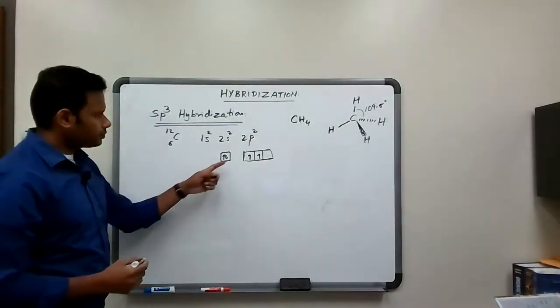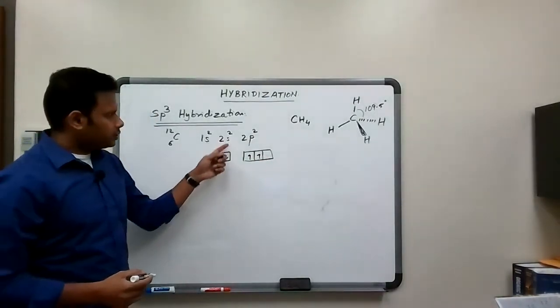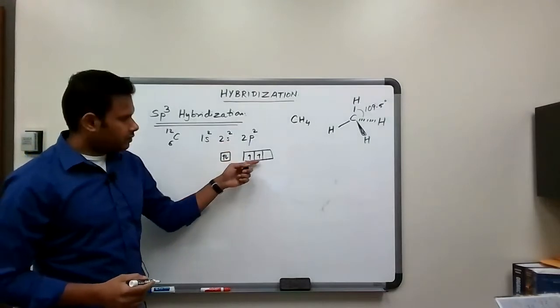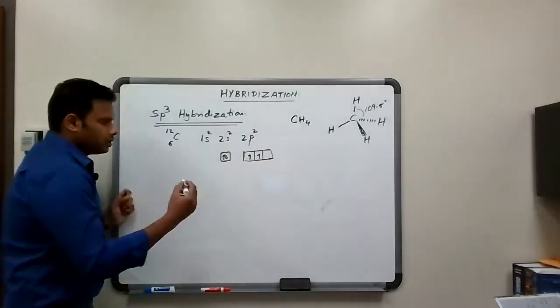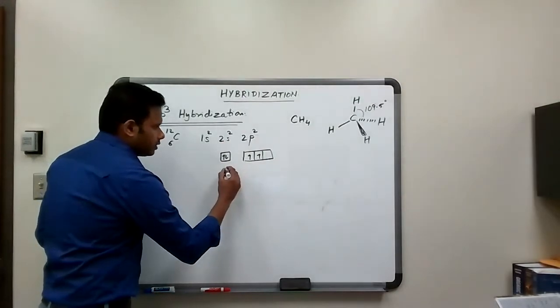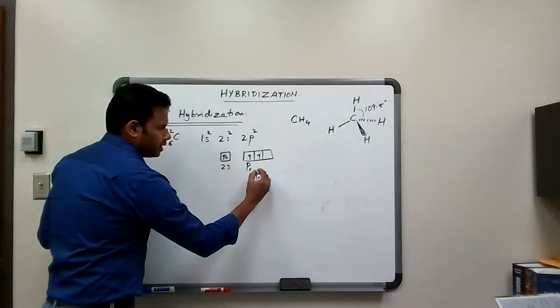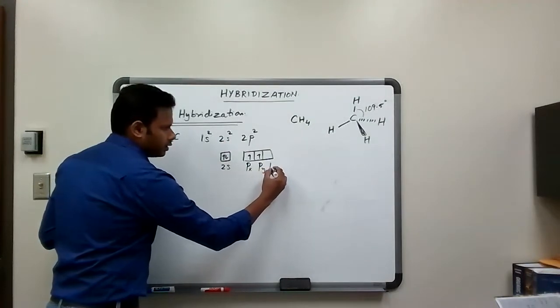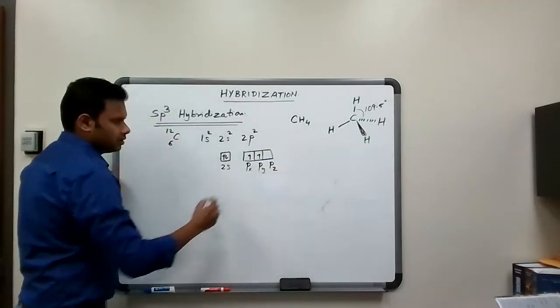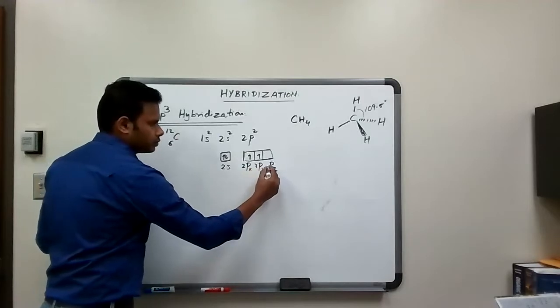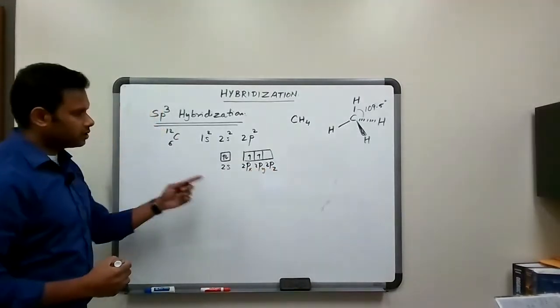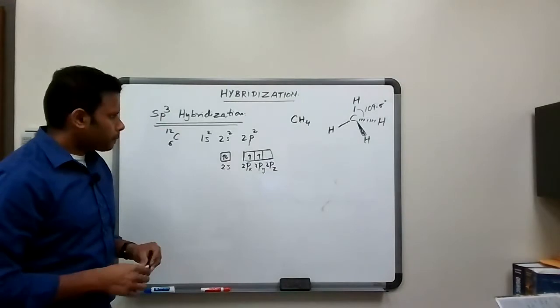We have a 2s orbital and 2p orbitals: this is 2s, and then we have 2px, 2py, and 2pz.